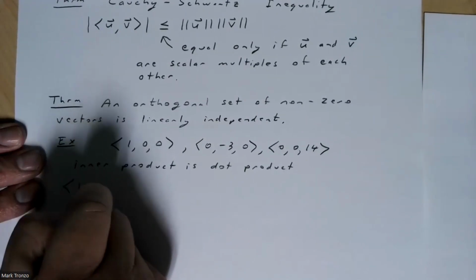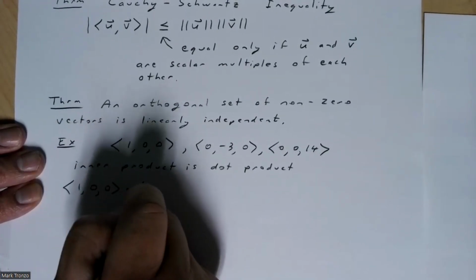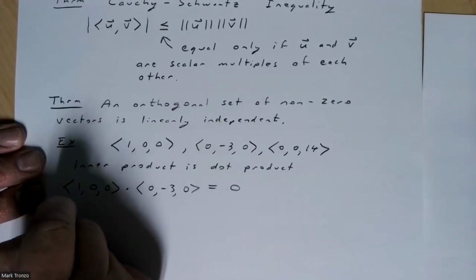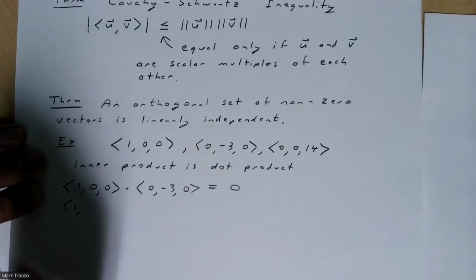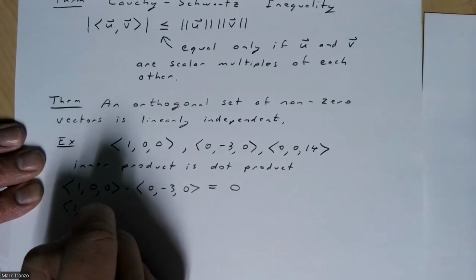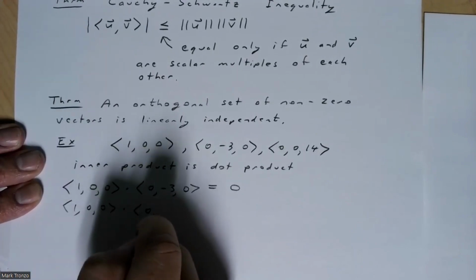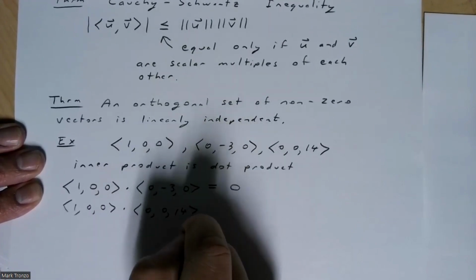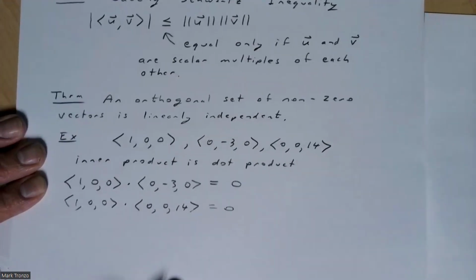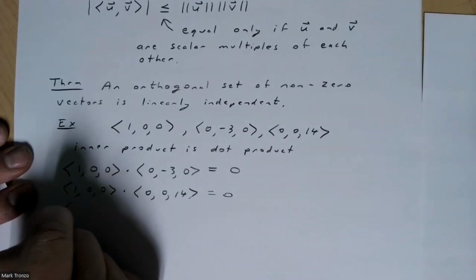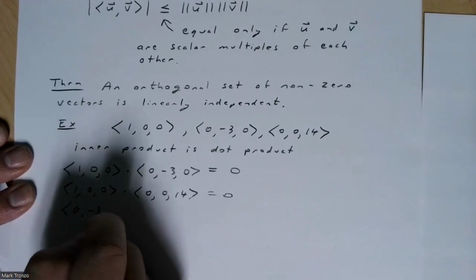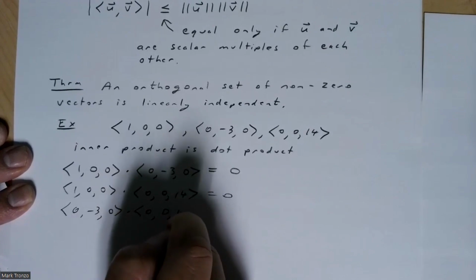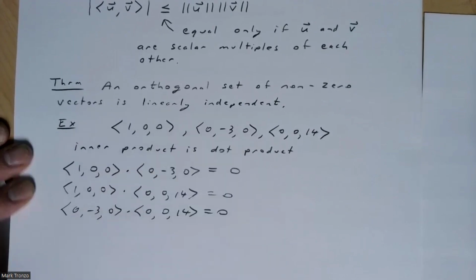Then if you do the dot product with all of them, all the pairs, you get 0.